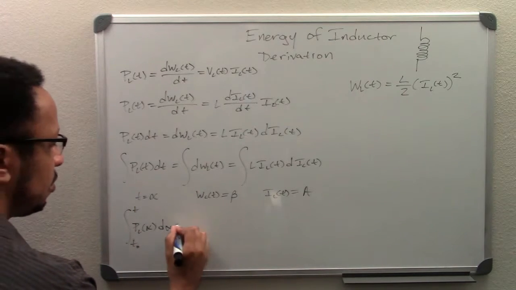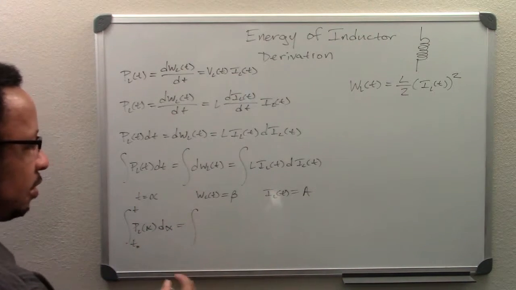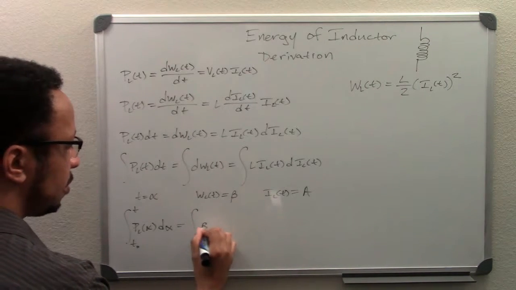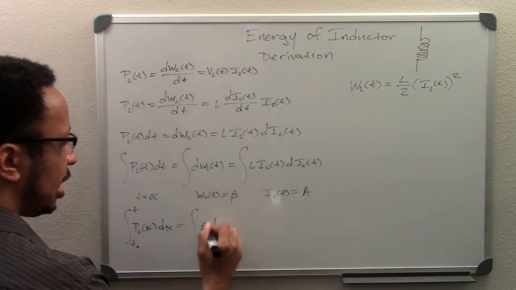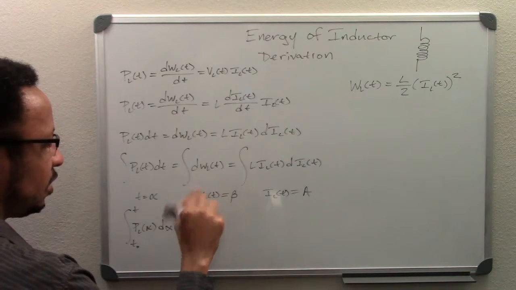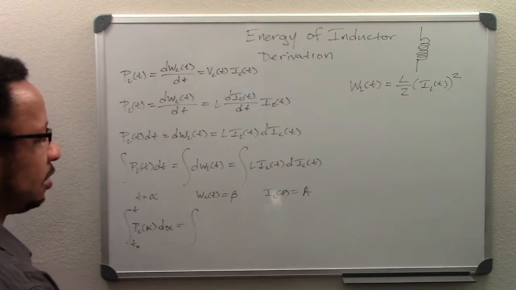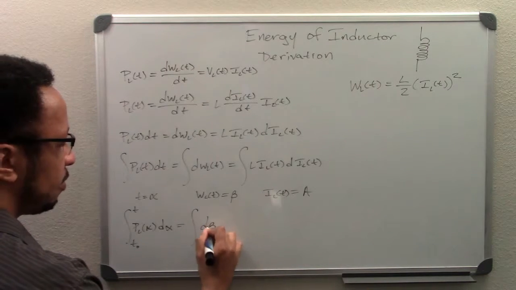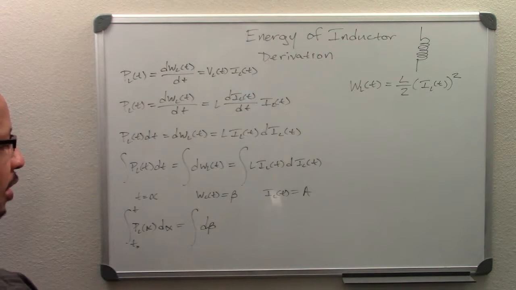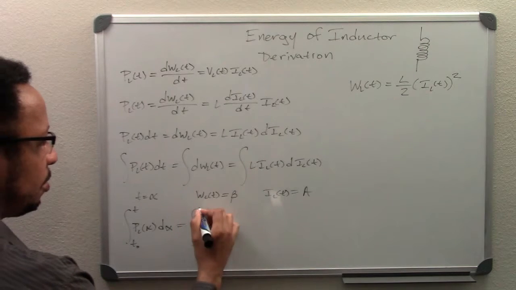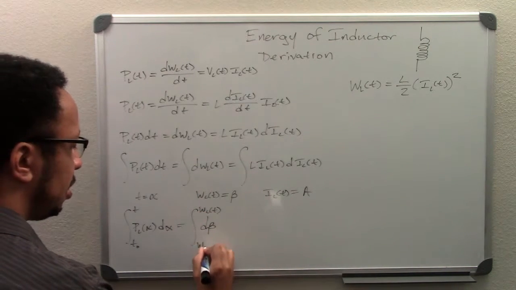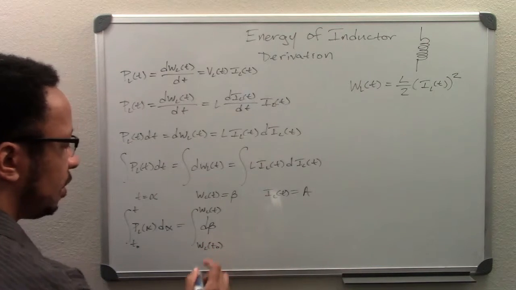And then for W_L(t), we just have d beta, with W_L(t) at the upper limit and W_L(t sub 0) at the lower limit.